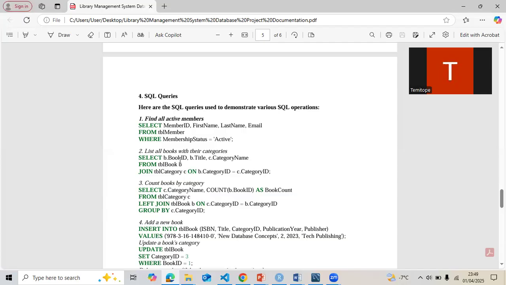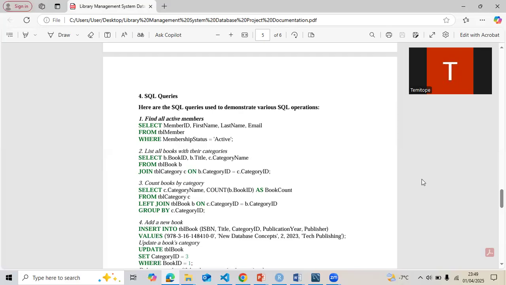I'm trying to join two tables here, the book table and the category table. I'm bringing together the foreign key of one table and the key of the other, so that it brings the right information from both the book table and the category table.